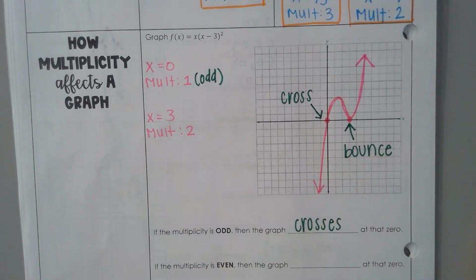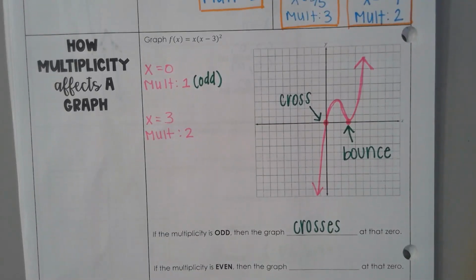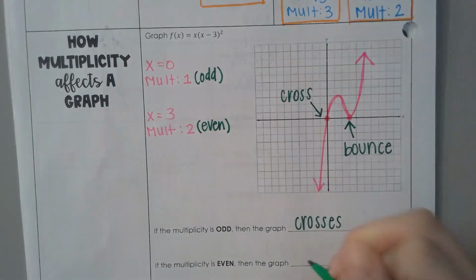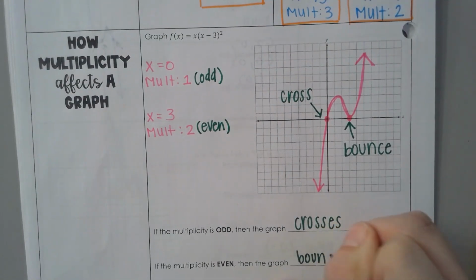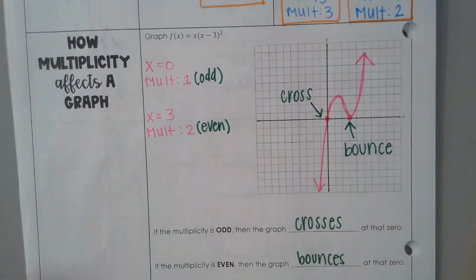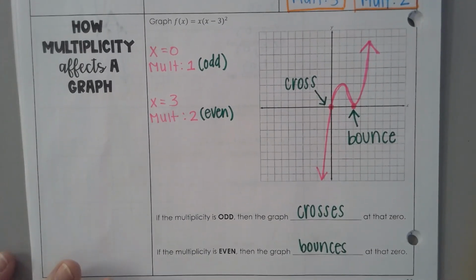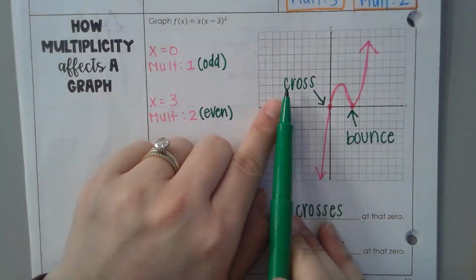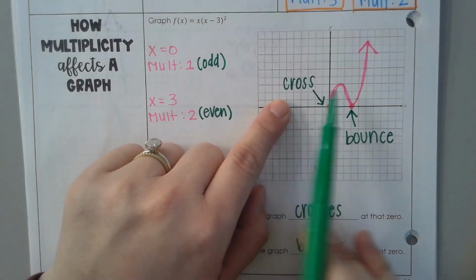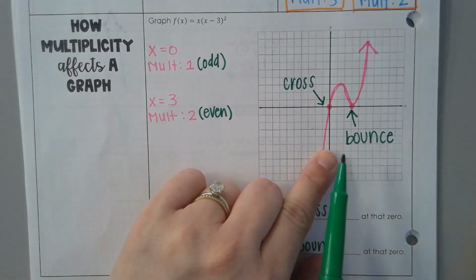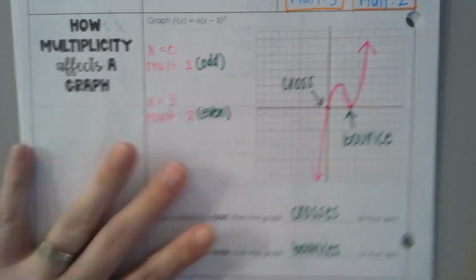The graph crosses. If the multiplicity is even, so if it's an even number, it bounces. One way that you could remember that, the word cross has 5 letters, which is odd. The word bounce has 6 letters, which is even. That's kind of a way to remember.